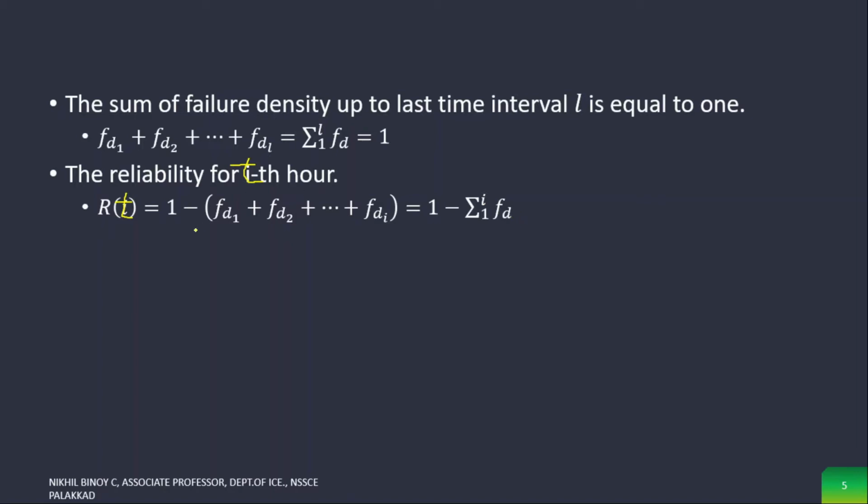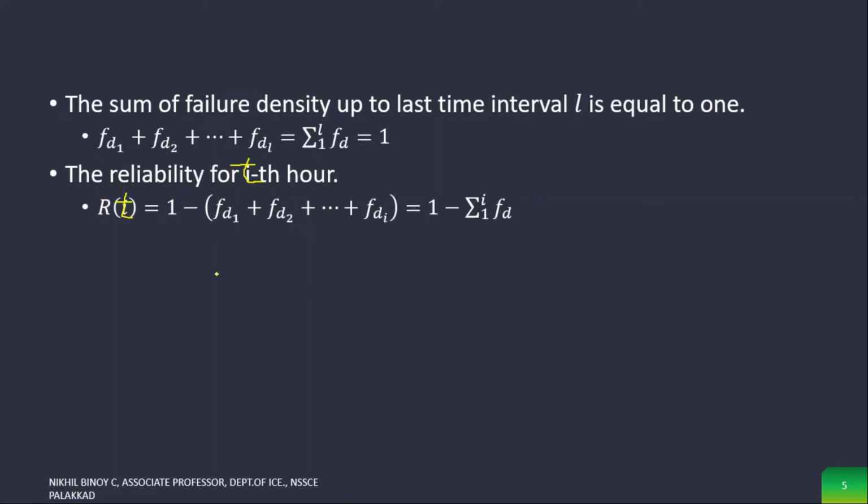Please note, here I am using t, here I am using I. If delta t is equal to 1, then both the duration number or serial number and time are equal, so t is equal to I. Both are integers because delta t is equal to 1. So reliability after the tth hour, R of t, is equal to 1 minus sigma 1 to I fd.